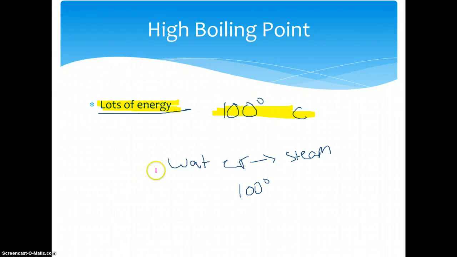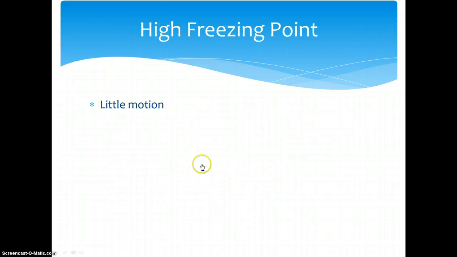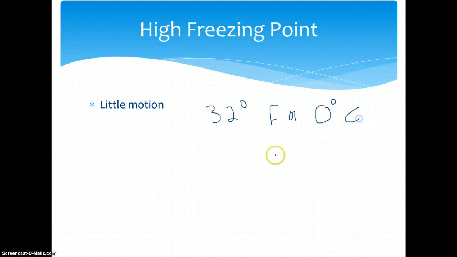So moving on to the next property of water is high freezing point. Now this is a very bad quality of water because the freezing point of water is only 32 degrees Fahrenheit or 0 degrees Celsius.